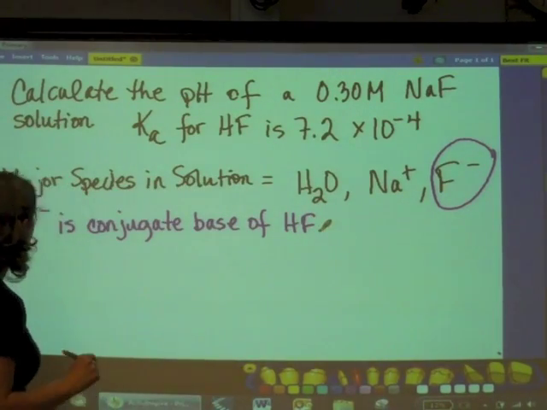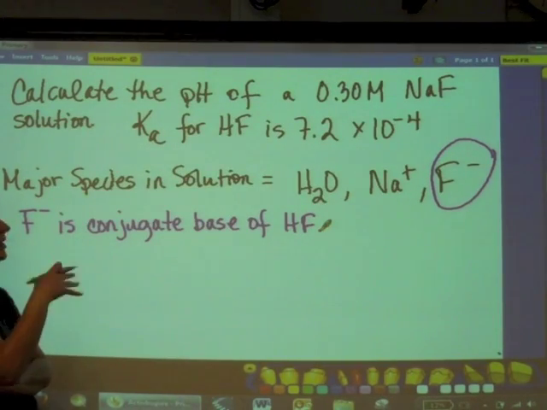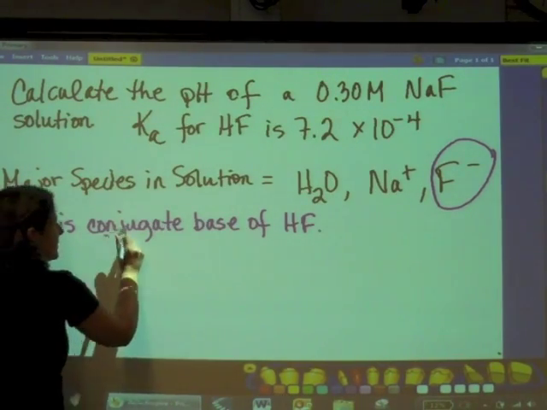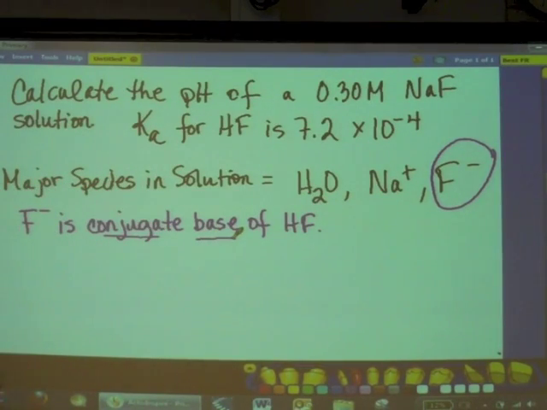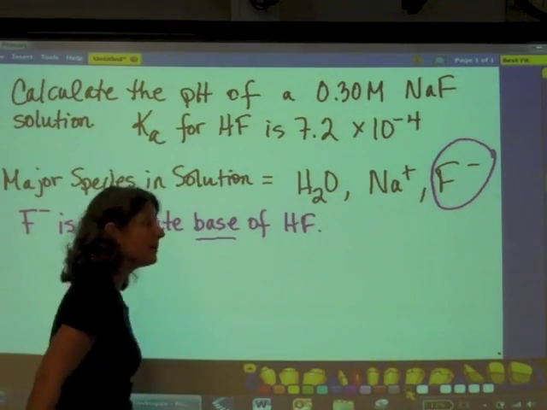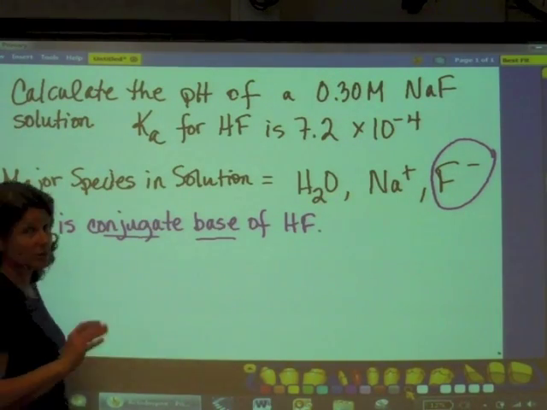And the reason that we're writing it down is because now we have to write a reaction that shows us what the fluoride is going to do in solution, with water. And this is my key. It's going to act like a base. So, weak bases react with water. So let's write this thing.